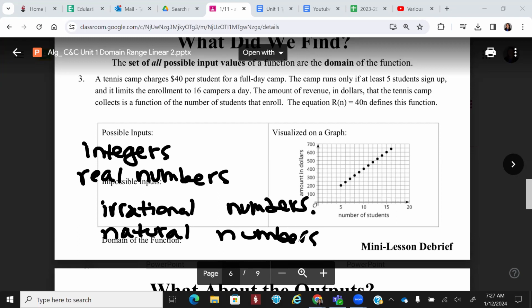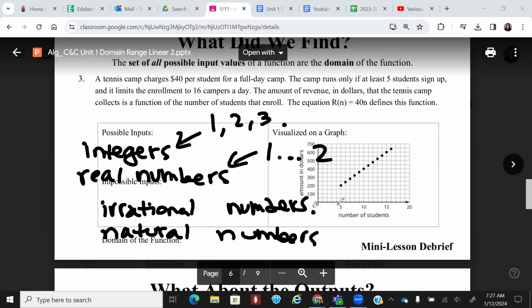These are all words that you've learned in the past. Now, I know we've forgotten them, so let me break it down for you. Integers are whole numbers that you can count. They can be positive, they can be negative. Cool? Real numbers is anything between 1 and the next number. That could be 1.1, that could be 1.5, etc. Okay?